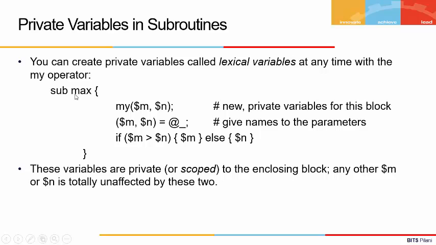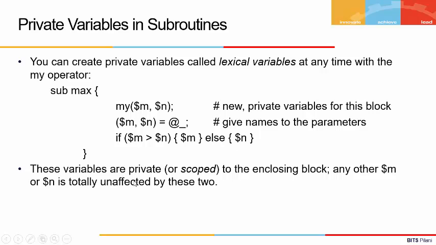You are defining the private variables $m and $n in the subroutine, and they will be used within the max subroutine. Now, given names to the parameters from the array, you are assigning them, checking with the condition, and returning those values, like $m, the first argument, or $n, the second argument.